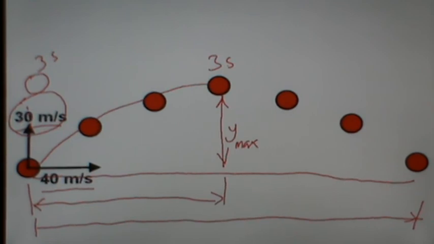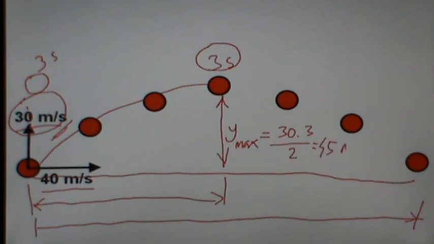So therefore, if the ball in the vertical direction initially moves with 30 meters per second, and it gets the highest point after 3 seconds, you can find the maximum height for the ball, and it's simply 30 times 3 divided by 2, just like what we did in the previous topic. It's a free fall motion. Here we get 45 meters.